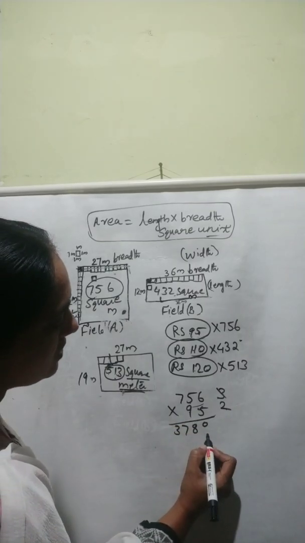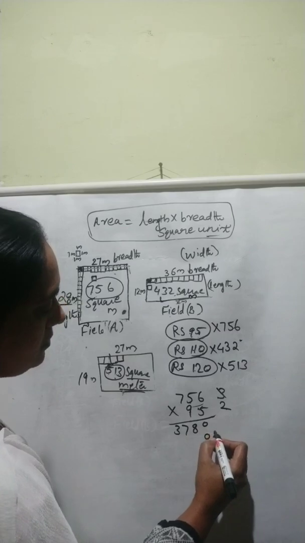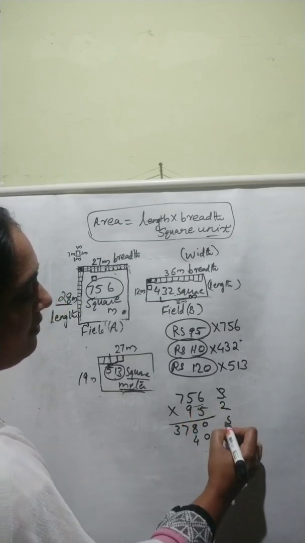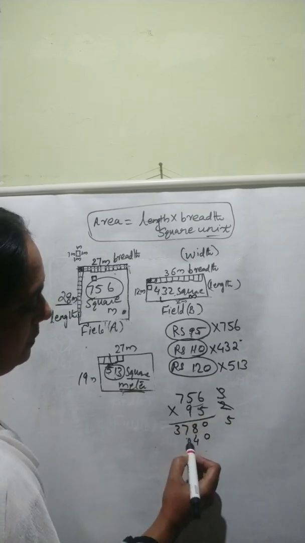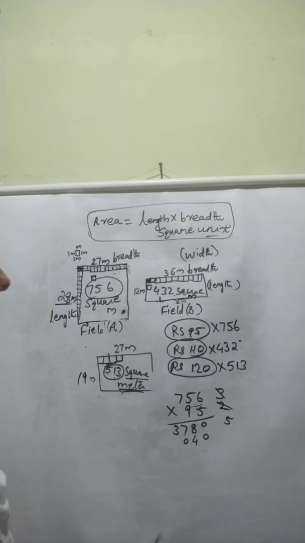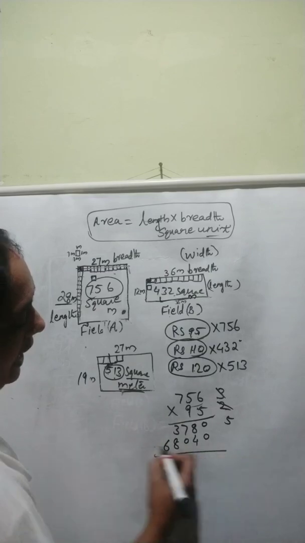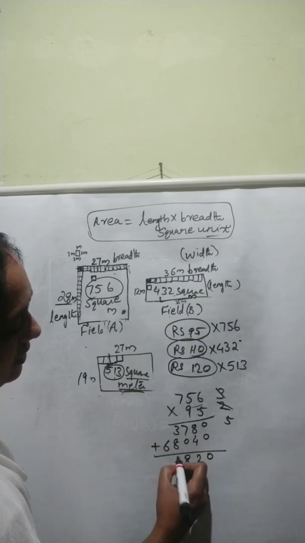So first we keep a 0. After then we multiply with 9. 9 6s are 54, 5 will be there. 9 5s are 45 plus 5, 50. Again 5. Then 63, 63 plus 5, 68. We have to add these two.